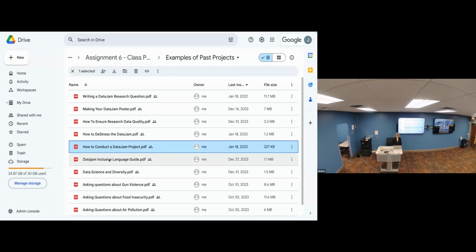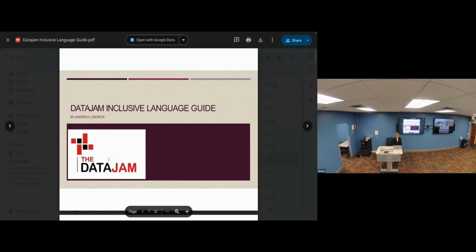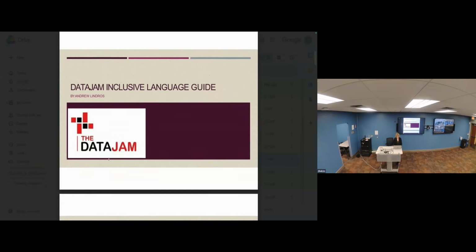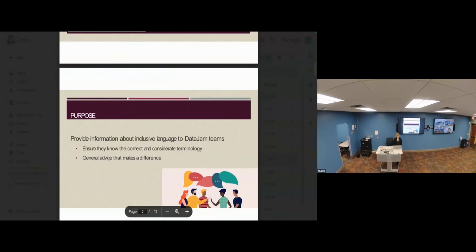Another topic that we had last year, as we started to really include more diversity and inclusion into this course and getting you to think about it, we had Andrew Lindros, a student in this class last year who's currently a DataJam mentor, write a guide on how to have inclusive language in your DataJam project.